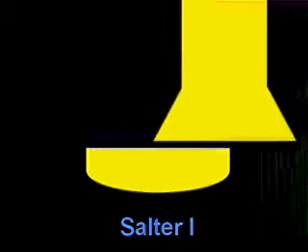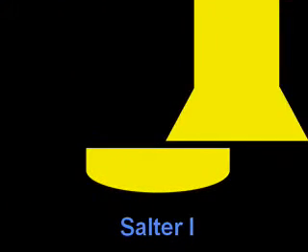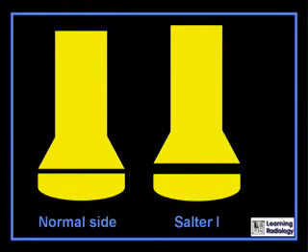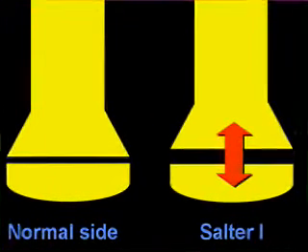Salter-Harris 1 fractures are the result usually of shearing forces. And, as I said, unless there is displacement of the metaphysis on the epiphysis, they can be very difficult to diagnose. Sometimes obtaining the opposite side for comparison can be helpful in demonstrating widening of the epiphyseal plate.